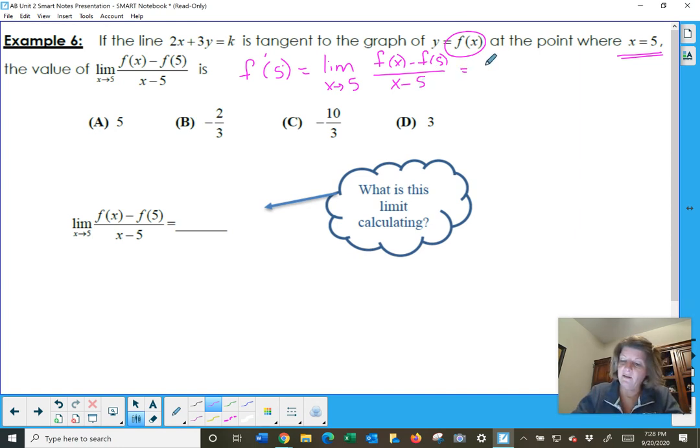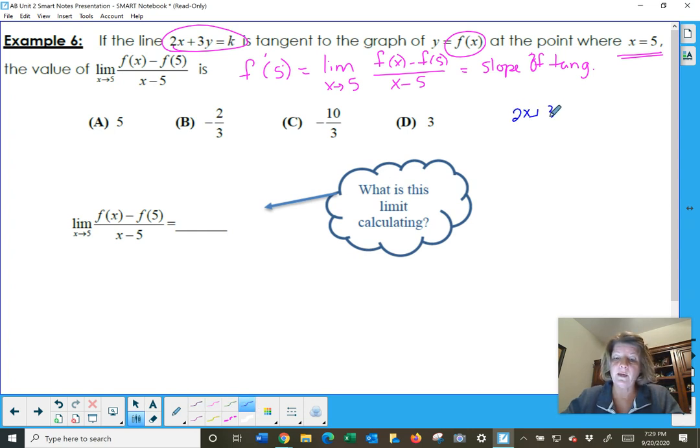How can I find that slope? Well, we do have an equation that says it's the tangent line. I'm going to write slope of tangent, because that's what a derivative is. Take our 2x plus 3y equals k, and let's solve for y. I would have 3y equals negative 2x plus k, divide by 3.